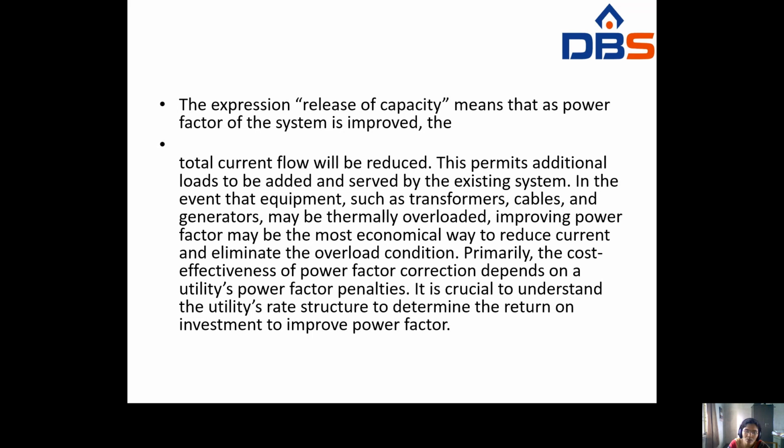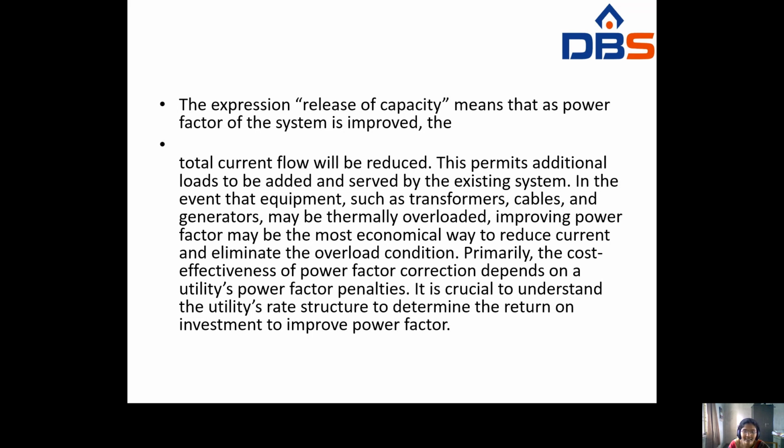This permits additional loads to be added and served by the existing system. To compensate for the reduced current value, it permits the additional loads to be added and served by the existing system.